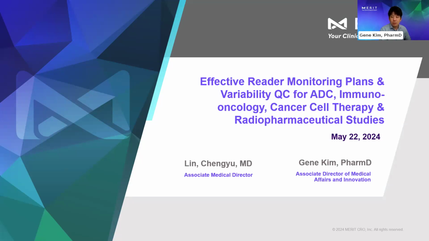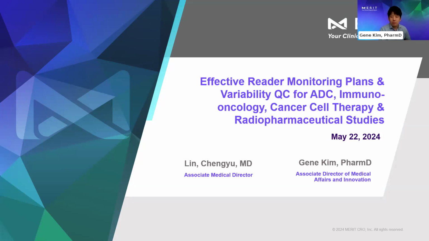Imaging assessments in a clinical trial, especially those involving oncology, present unique challenges. The various factors involved in an imaging assessment can introduce sources of variability, which can impact the reliability and integrity of the data collected. In this webinar, we will delve into these complexities, exploring the nuances of reader variability and the strategies to address them.